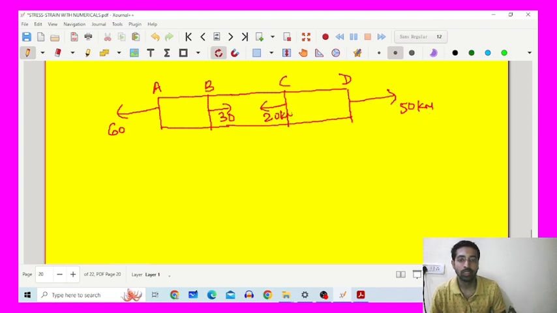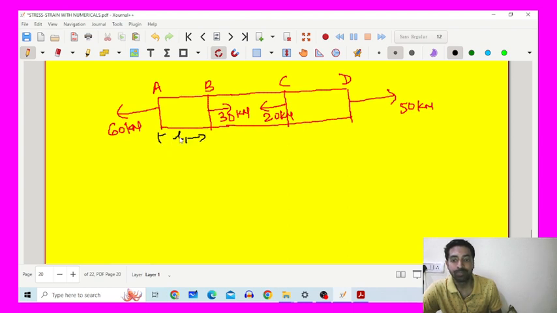So all the units are kilonewton. It is such type of problem where let's suppose there are different forces acting at the different surfaces. So in such type of problem, what you have to do, let's suppose their length is L1, length is L2.